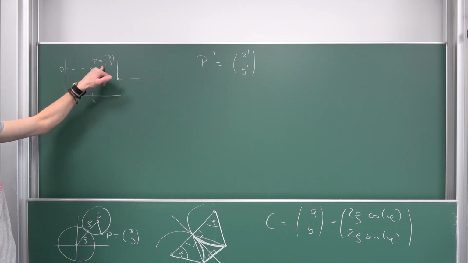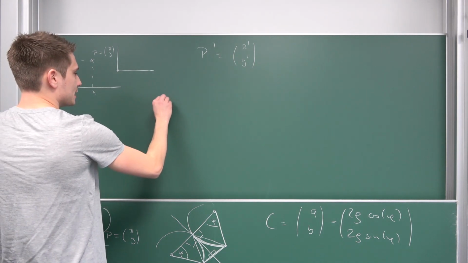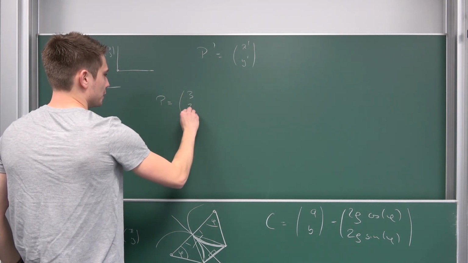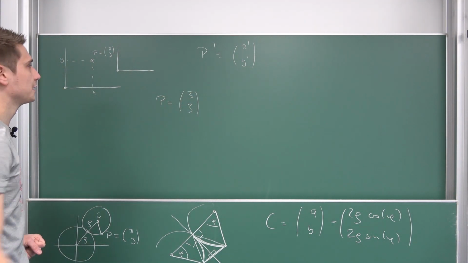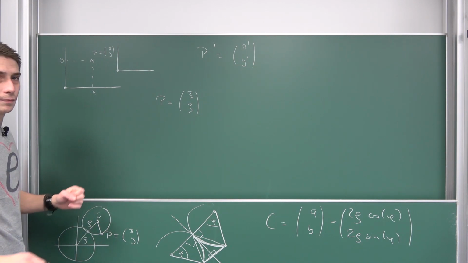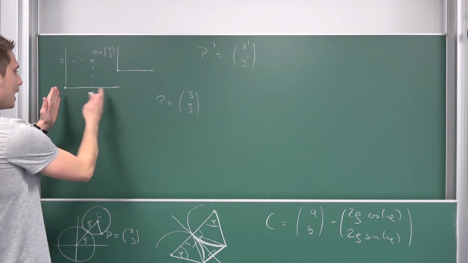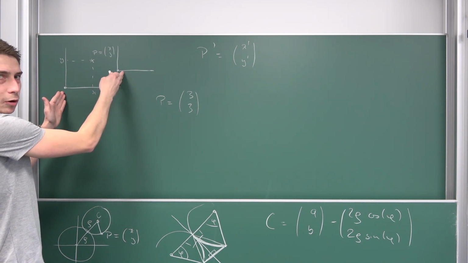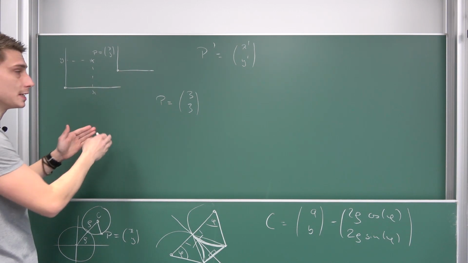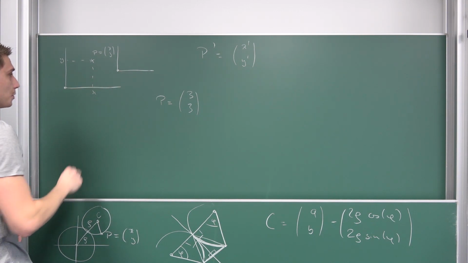Let's say our point P, for demonstration purposes, lies at, let's say, 3 and 3, okay? So this sketch is actually quite accurate. Then we have to take a look at how much Bob's coordinate system is shifted to the left or right, up and down, with regards to Alice's coordinate system.